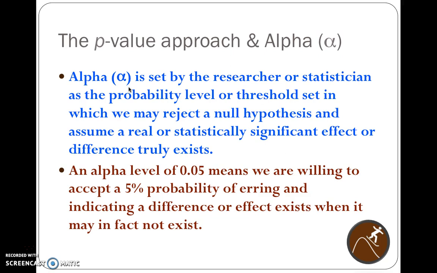So 95 times or more out of 100 will be right in saying that there's a difference or an effect, and then 5% or less of the time we'd be saying something that's not in fact true. Remember, our studies are done on samples, not on the entire population. So we're making inferences based off of our sample sizes and using the software to help us there.